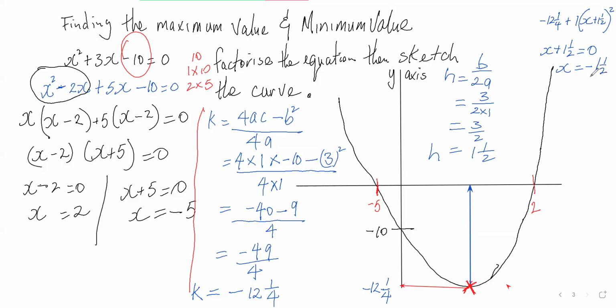Now, what I just wrote, remember, let me just show you all this quick so you'll understand. When we did this, we put X plus 5 equals 0, and X was negative 5.